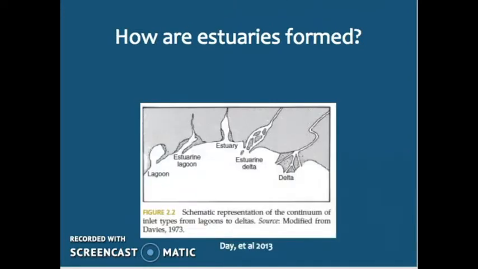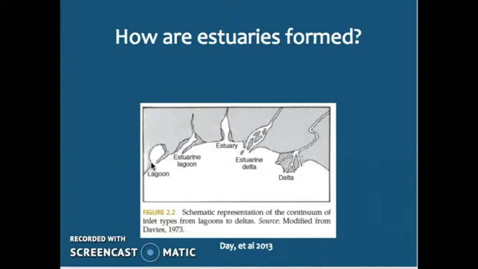So you can kind of see in this picture here that there's a continuum of different types of estuaries. So over time, all estuaries will kind of start out as one thing and then eventually form into another, and then it can go back and forth along this continuum.